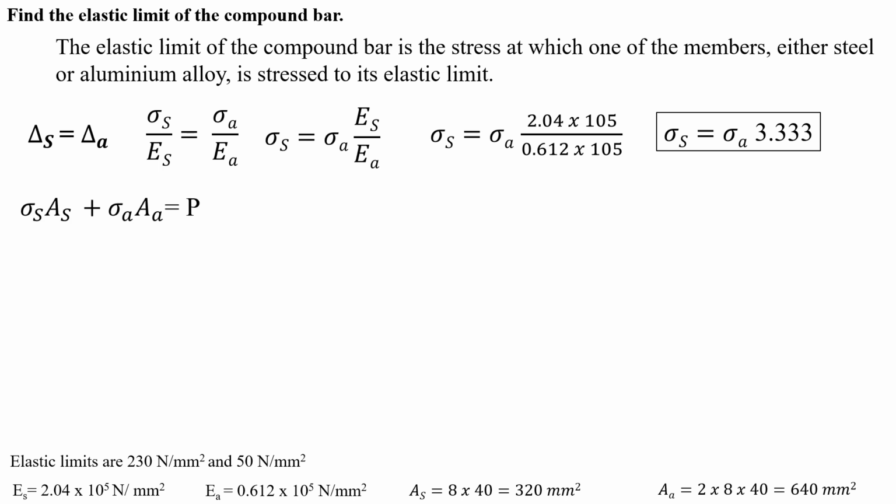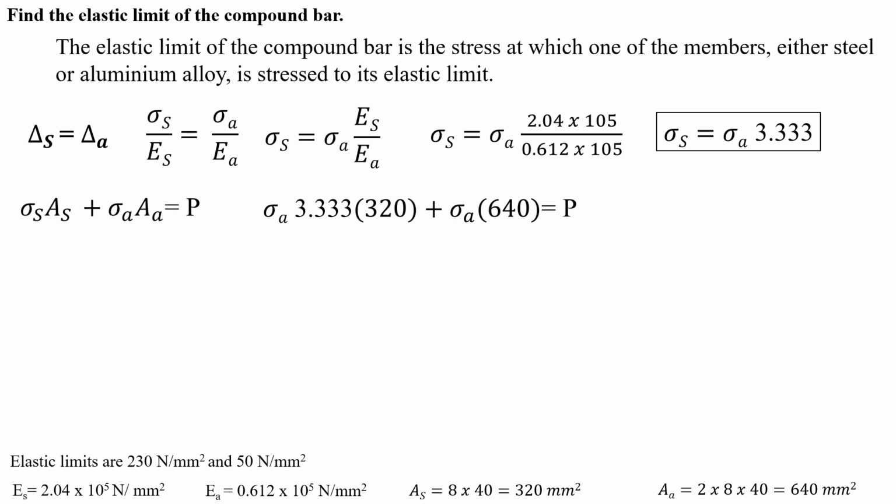So the equilibrium condition: the total applied load on the composite section equals the load on the steel plus the load on the aluminum. Load can be expressed as stress into area, so sigma S AS plus sigma A AA equals the total applied load P. We know the relation sigma S equals sigma A into 3.33.